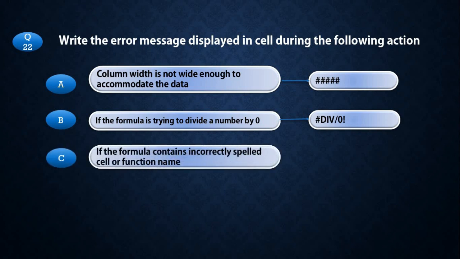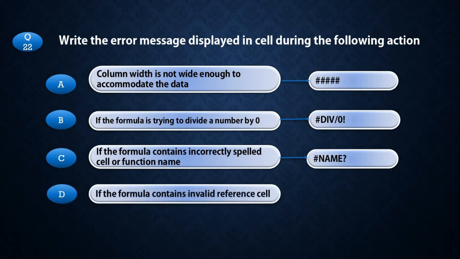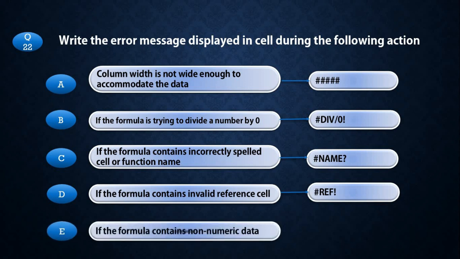And if the formula contains an incorrectly spelled cell or function name, the error message is #NAME. And if the formula contains an invalid reference cell, the error message will be #REF. If the formula contains non-numeric data, then the error message will be #VALUE.